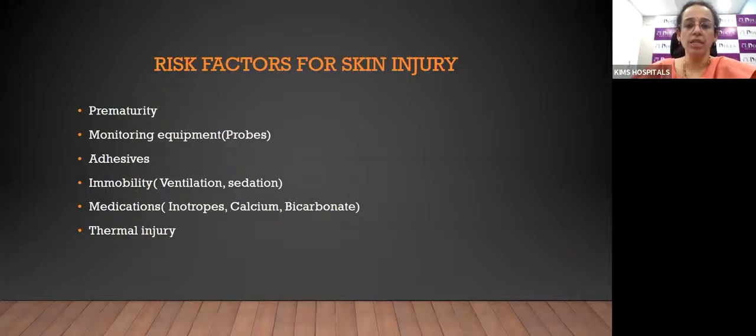So now coming to the risk factors for skin injury. What are the main risk factors? Prematurity is a very important risk factor for skin injury, followed by the application of monitoring equipment, temperature probes and saturation probes. That is why in preterm babies, we should first offer a layer of skin protection by applying sterile gauze and then applying a probe on top of it to avoid skin injury.